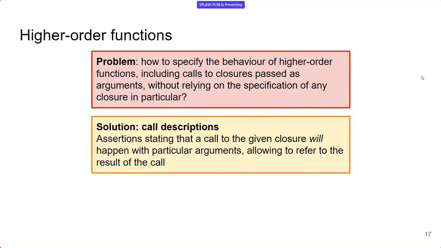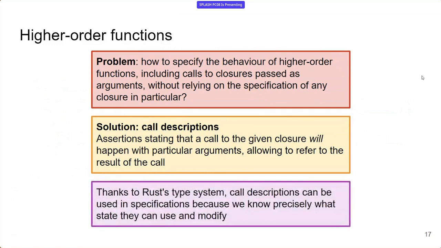And so for this, we used call descriptions. And once again, the Rust type system helps us here because in the call description, we talk about pre-state and post-state of the call, and it only makes sense to talk about things that the closure can actually modify. We know that the call will not modify random other parts of the state.